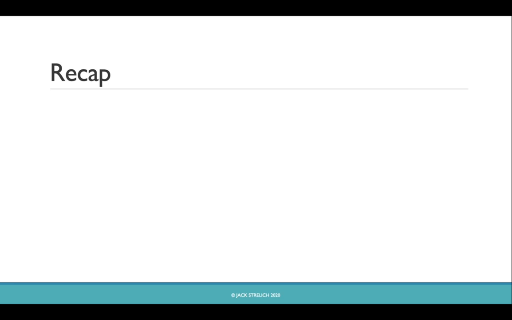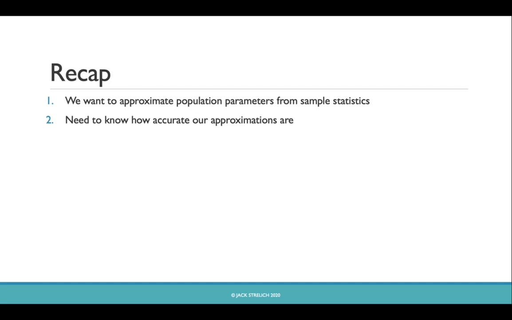So, we've covered a lot of ground in this lecture, and I want to take a moment to recap. Our goal here is to approximate population parameters from sample statistics. In order to do this, we need to know how accurate our approximations are.